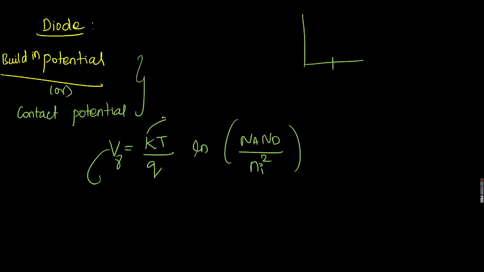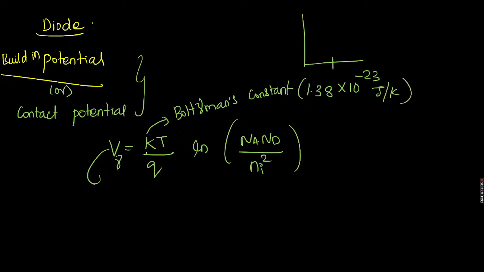The formula is V gamma equals kT upon q into ln of Na times Nd divided by ni square. Kindly go through the lecture. Here this is the cut-in voltage, which we call V gamma, the contact potential or built-in potential. K denotes the Boltzmann constant, approximately 1.38 into 10 power minus 23 joules per Kelvin, that is J by K. Q is the electron charge, 1.609 into 10 power minus 19 coulomb. T denotes the temperature.